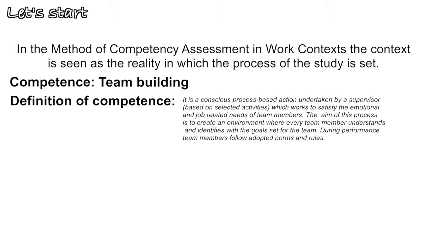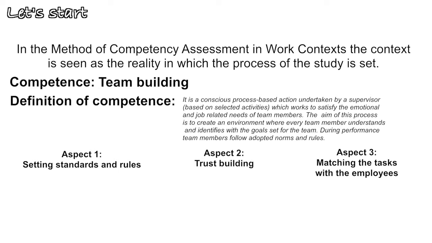Each competence is divided into aspects. Aspects can be described as the components of a given competence. In the team-building competence, the following aspects can be distinguished: setting standards and rules, building trust, and matching tasks to employees. Each aspect has its own definition.